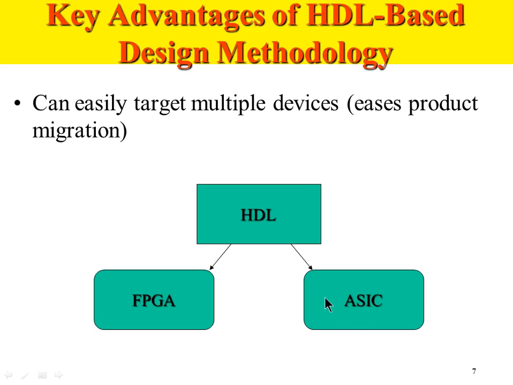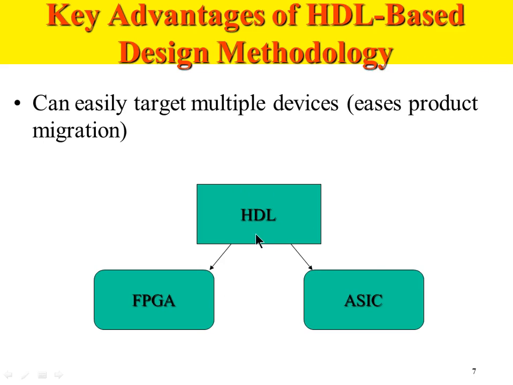Because the ASIC, once manufactured, will cost less than an FPGA, as we have seen in the last class. So the per chip cost of an ASIC will be less compared to an FPGA. So if I plan to sell millions of devices of my product, it is better to do an ASIC later on.